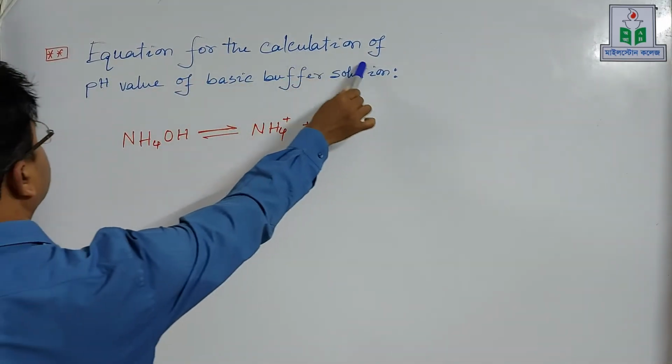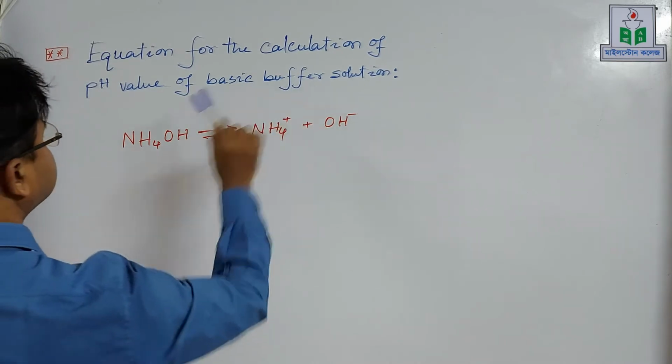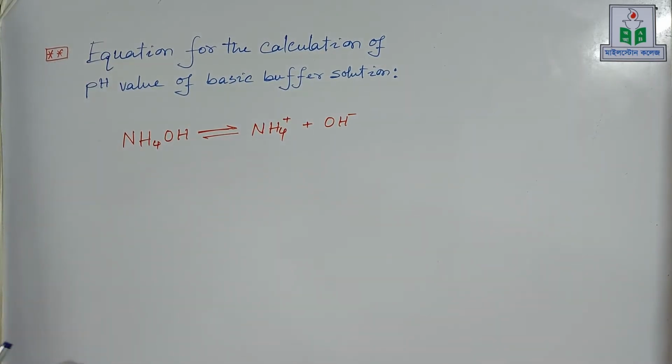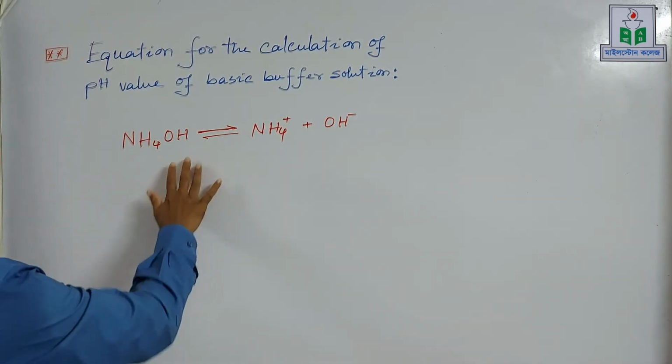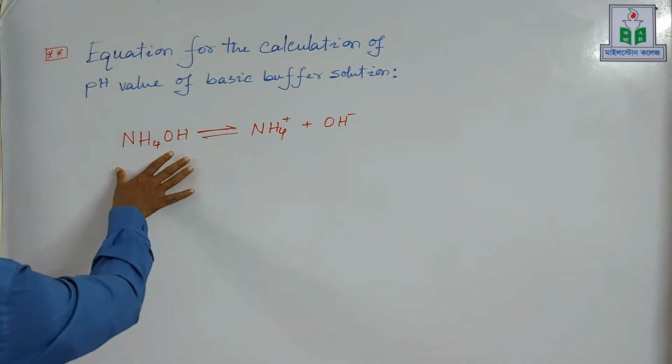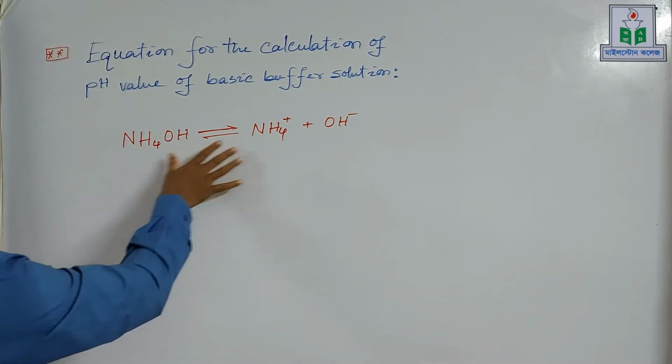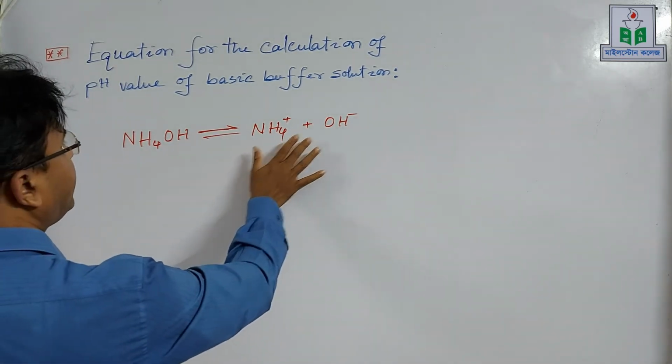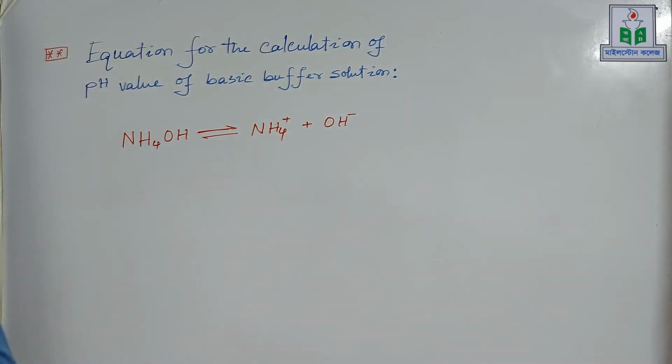Equation for the calculation of pH value of basic buffer solution. Dear students, ammonium hydroxide is a weak base of basic buffer solution. This ammonium hydroxide ionizes to produce ammonium ion and hydroxide ion. This ionization reaction exists at the equilibrium state.